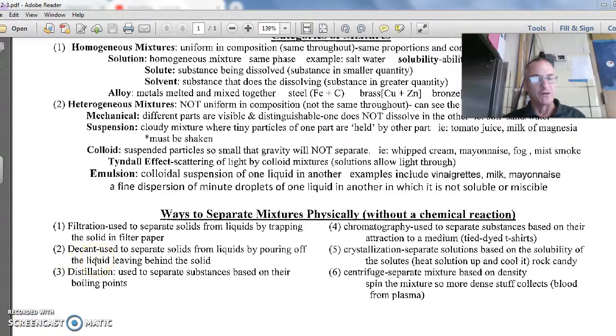This is very useful for separating mechanical mixtures where we can pour a liquid away. We have a solid within a liquid and we can pour the liquid off, leaving behind the solid. Decanting.